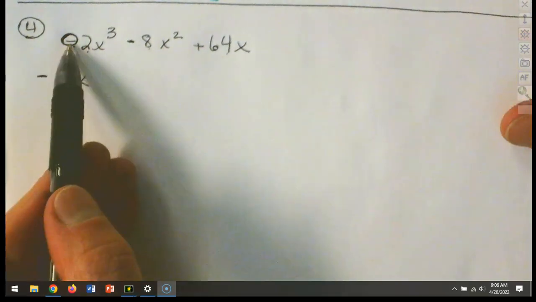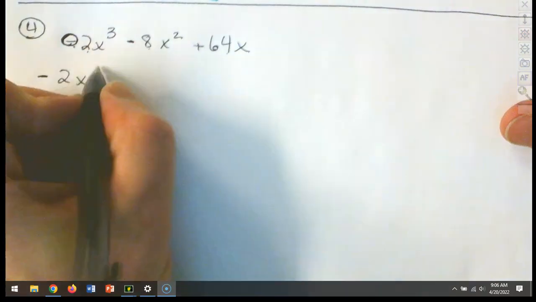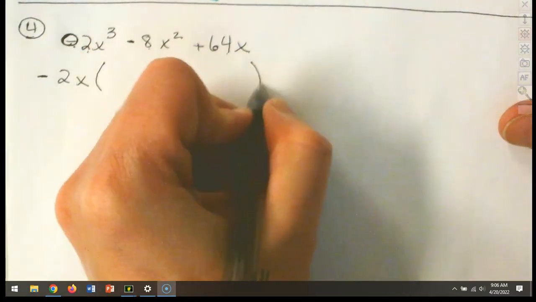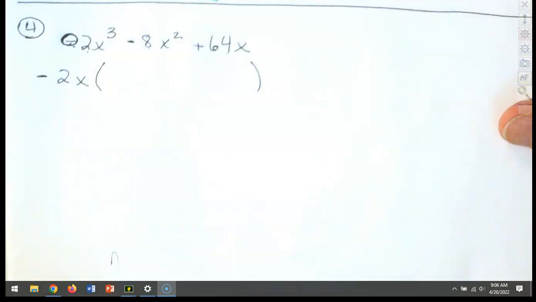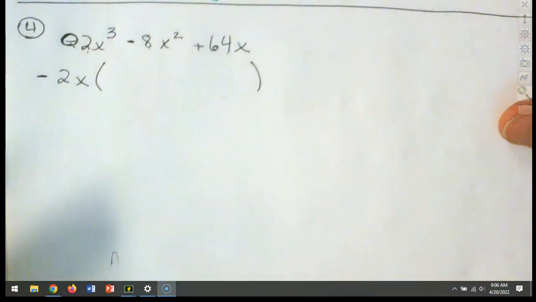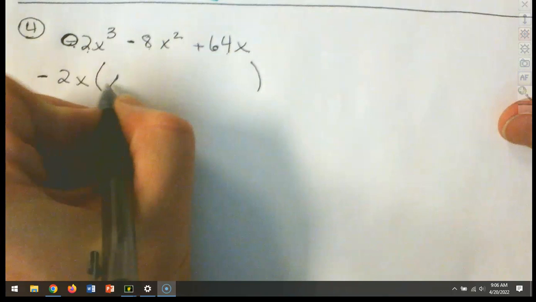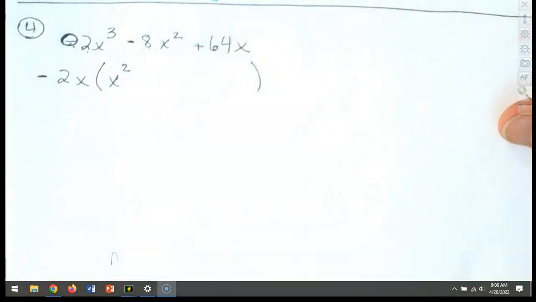The negative is coming out because this is out at the very beginning. So now when we factor out that negative, what's going to happen? We're going to have to switch our signs. Okay? Negative 2 divided by negative 2. Negative and negative makes it positive. X cubed, take out an x, that leaves you with a positive x squared.